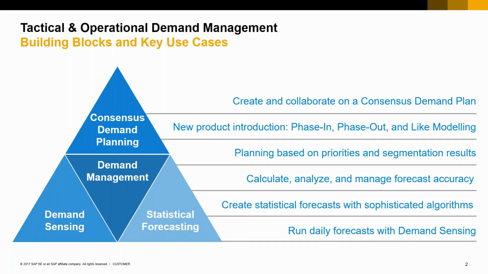We want to be able to plan on priorities and segmentation results, and you saw a little bit of that in the example we just went through. You'll see a little more of that in the demonstration, of how we come up with some of those segmentations. We want to deal with forecast accuracy, again a key component of what you just heard with the proof of concept.